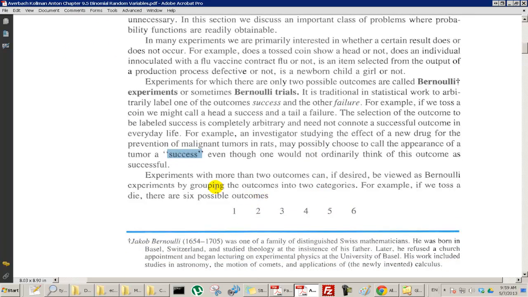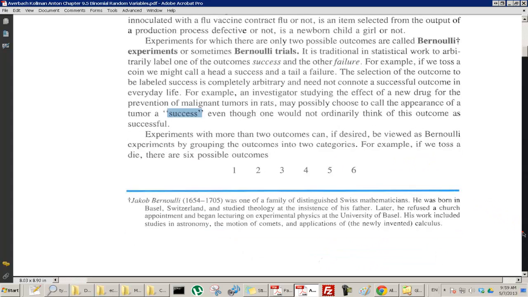Okay, experiments with more than two outcomes can, if desired, be viewed as Bernoulli experiments by grouping the outcomes into two categories. For example, if we toss a die, normally we wouldn't say that it has only two outcomes. We'd say it has six outcomes.